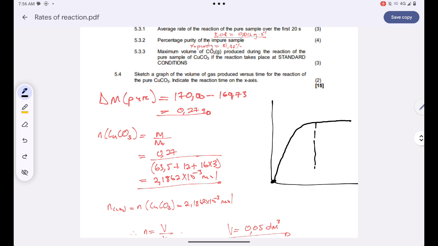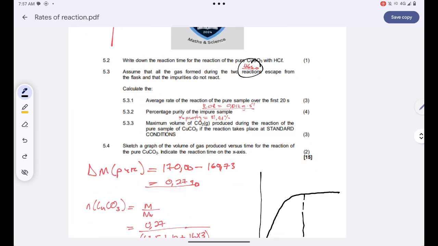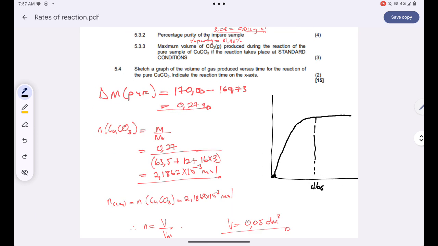For the pure solution, it reaches completion after 46 seconds. This will be time measured in seconds. And over there, I'll simply have the volume of carbon dioxide, measured in cubic decimeters. So your graph will just look like this, guys.